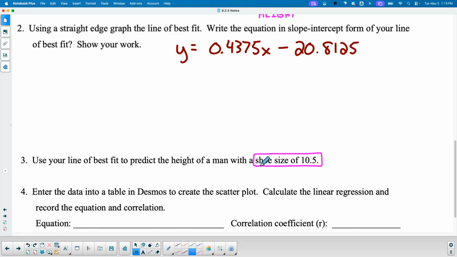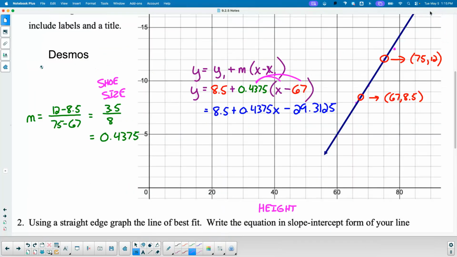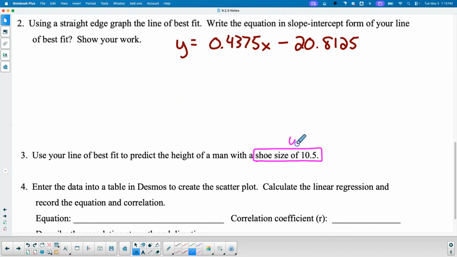Because if we go back to our scatter plot, shoe size was on our y-axis. So that is our y value. So I'm going to plug in 10.5 in place of my y.